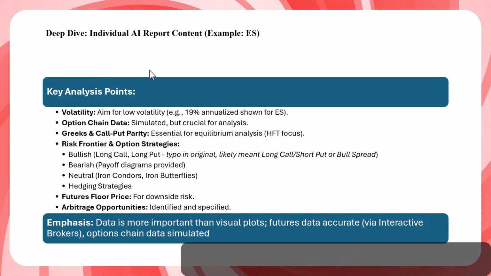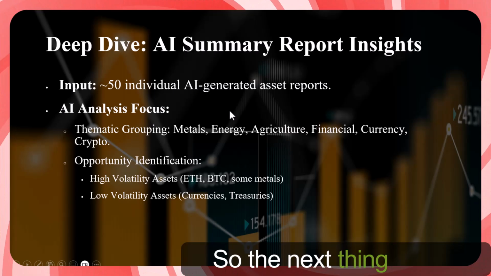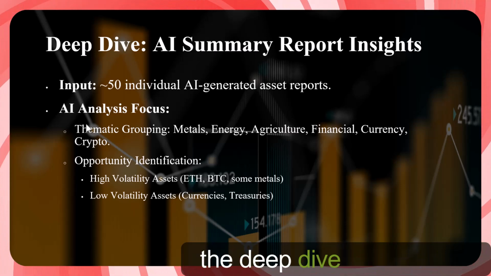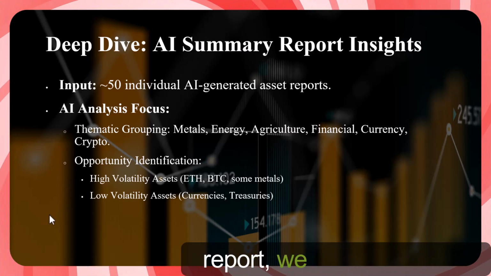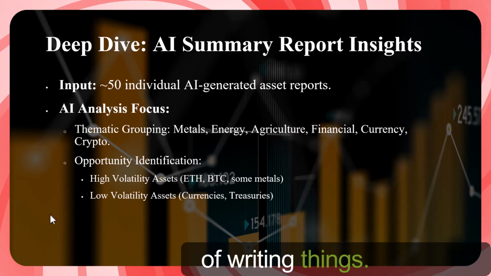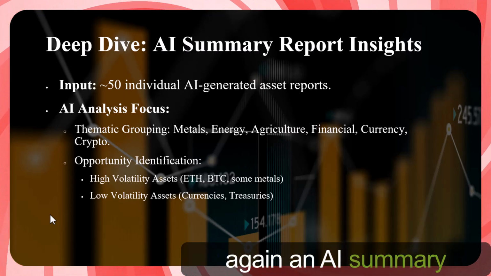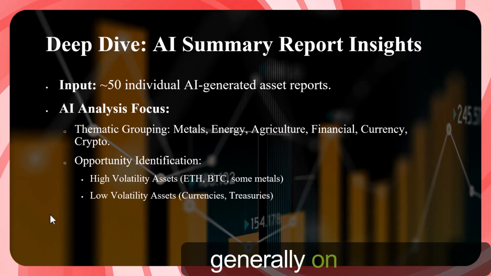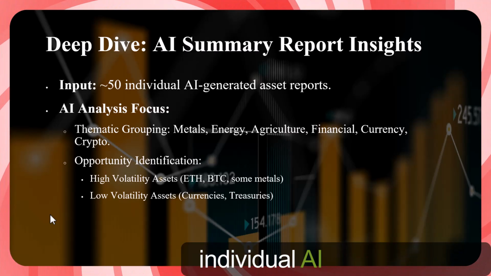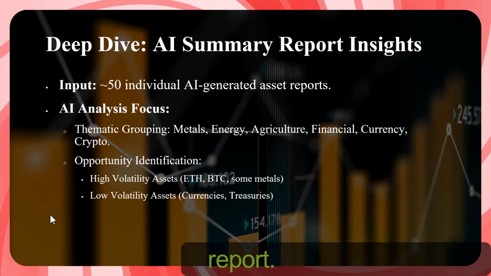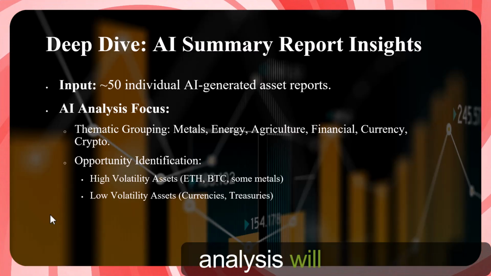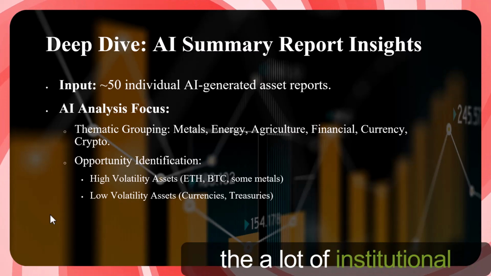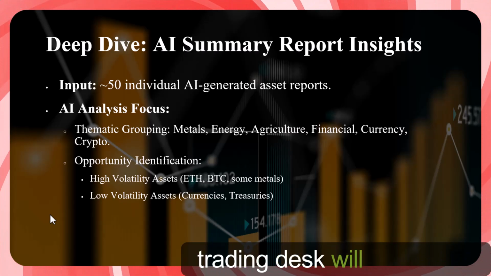The next thing is, with the deep dive AI summary report, we can do a variety of things. This is again an AI summary report using, on average, approximately 50 individual AI generated asset reports. Out of that, the AI analysis will focus on what a lot of institutional trading desks do.